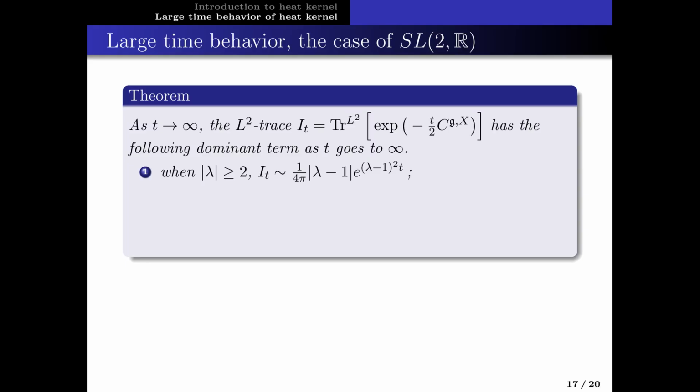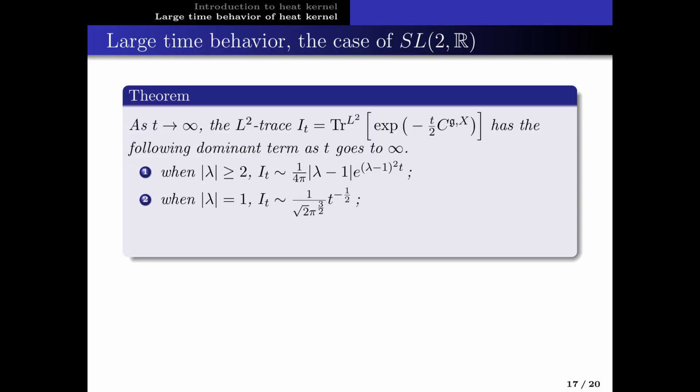So if the absolute value of lambda is greater than or equal to 2, we get something like this, just an exponential term. So this is like the finite-dimensional case. If we are familiar with representation theory, this is related to the discrete series representation. For SL2R, we have the discrete series representation.